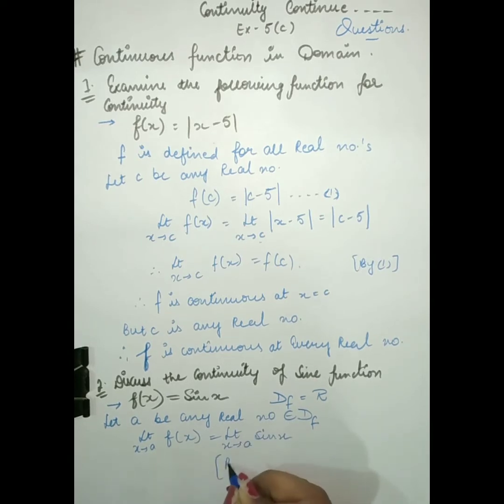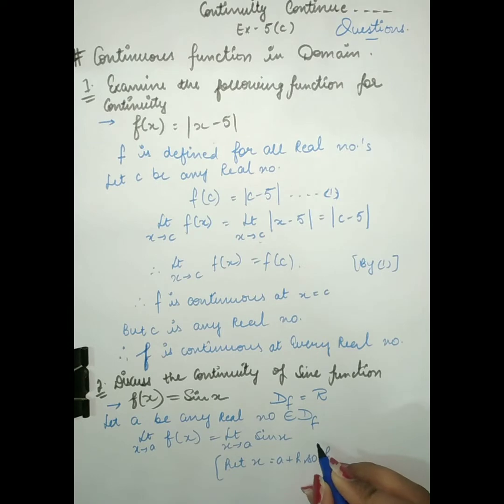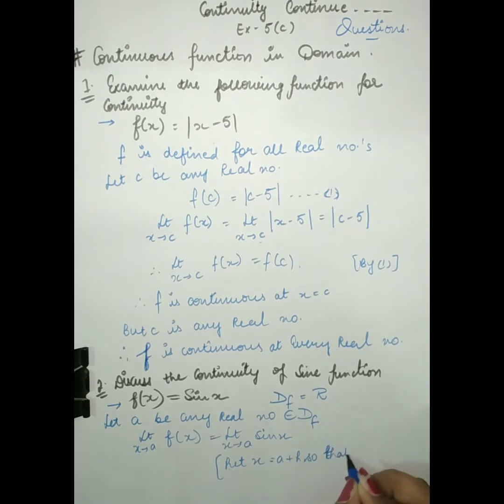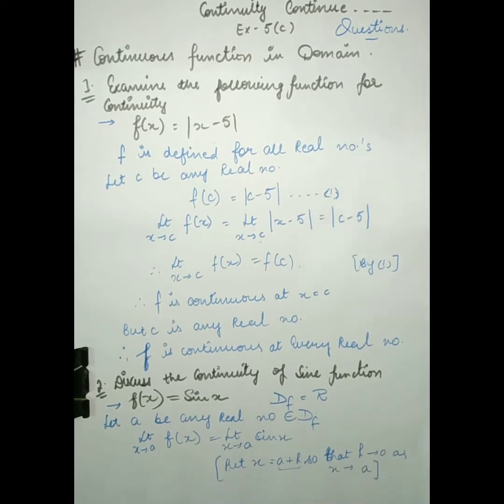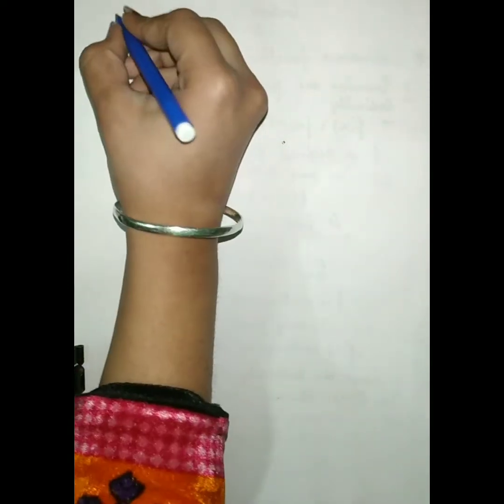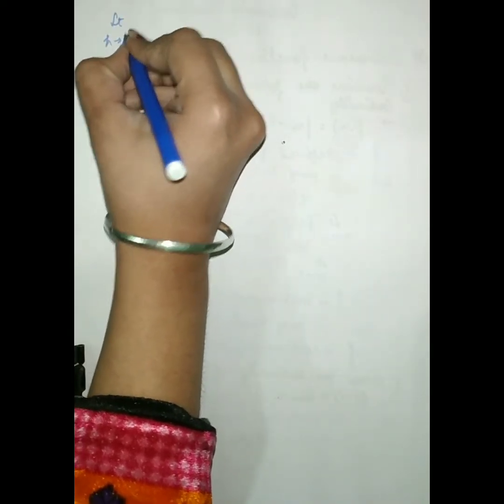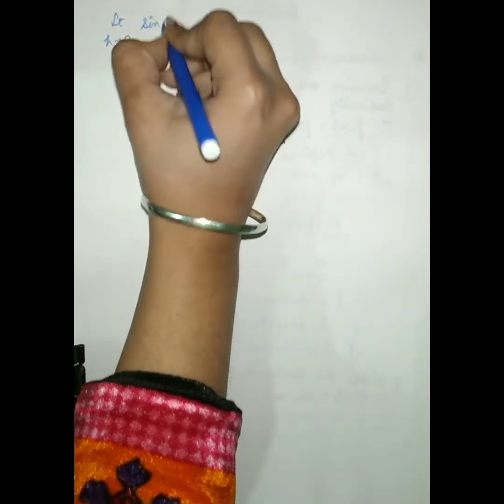Now here we have to put x will be equals to a plus h, so that h approaches to 0 as x approaches to a. Now we have to put the value of x equals a plus h, and take the limit h approaches to 0. That means limit h approaches to 0 of sine of a plus h.